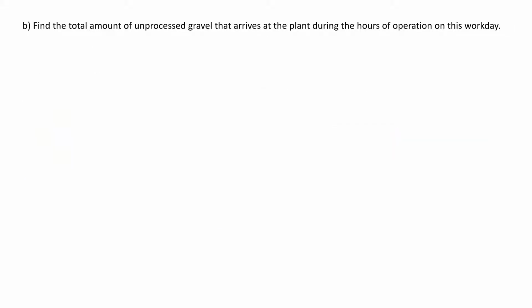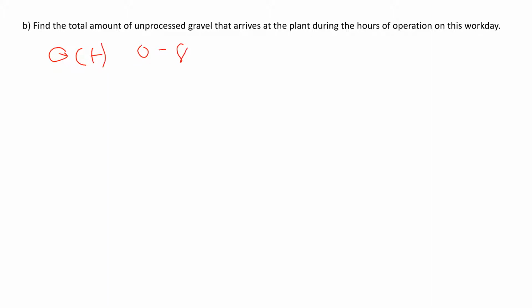Moving right along, question B. Find the total amount of unprocessed gravel that arrives at the plant during the hours of operation on this workday. Basically, we're just having a simple integral of the gravel that's arriving, which is G of t, during the workday from t equals 0 to t equals 8.